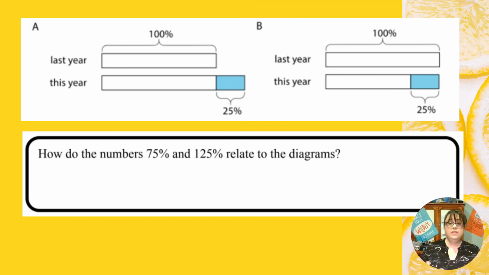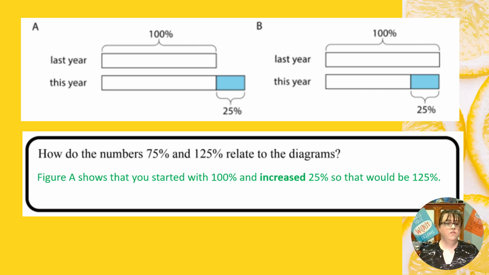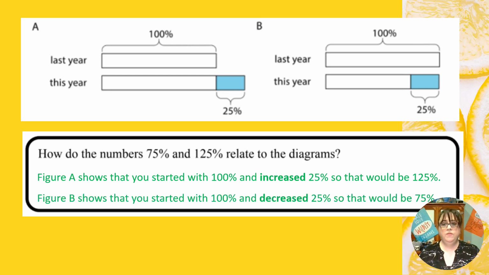So how do these tape diagrams relate to the idea of 75% and 125%? Figure A shows that you started with 100% and you increased it by 25%. When you add those together, you get 125%. Figure B shows that you started with 100% and you decreased it by 25%.